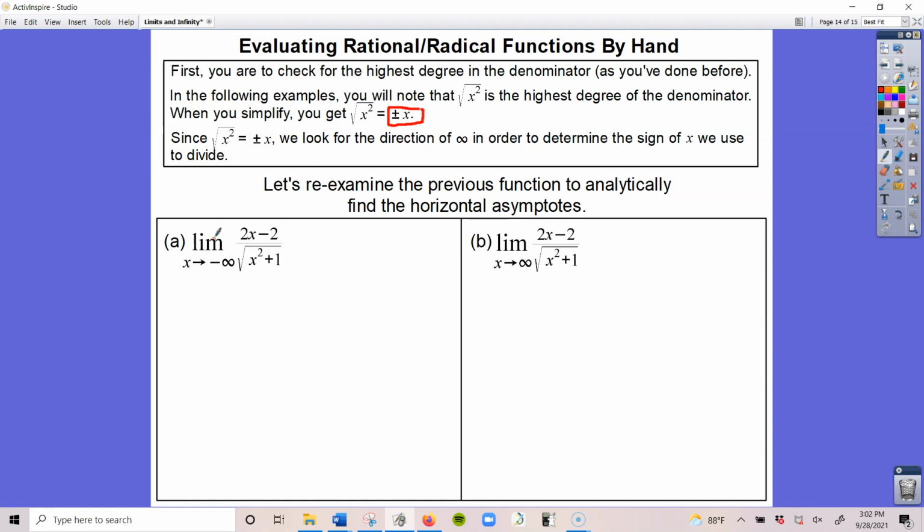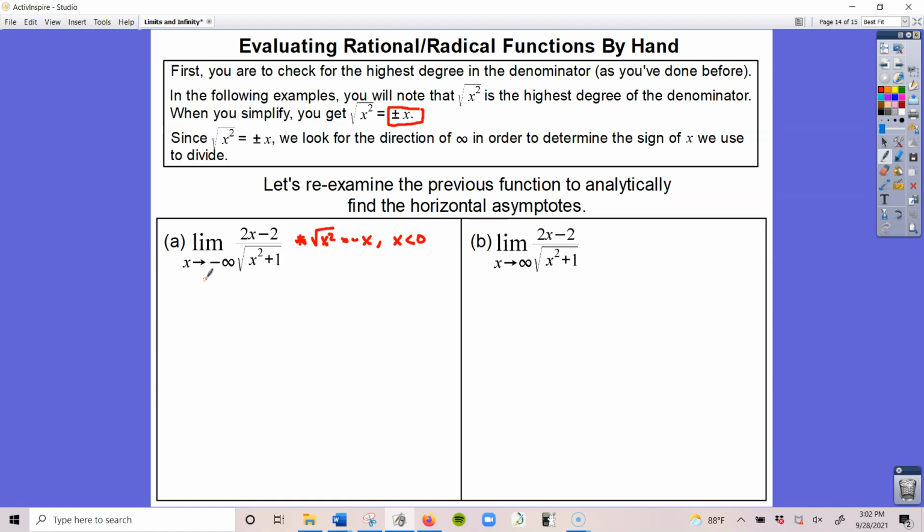So for example, the limit as x is approaching negative infinity, that's the left side of my graph. So we are going to divide everything in the numerator by negative x. So I always just make a note that the square root of x squared is going to equal negative x as long as x is less than 0, meaning the left side of my graph.